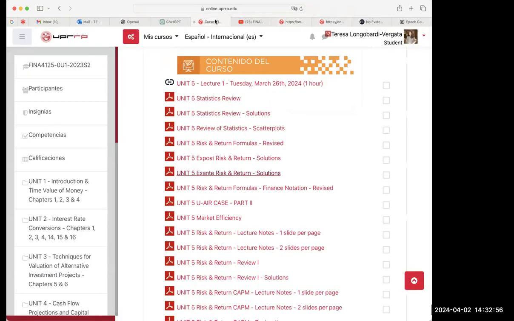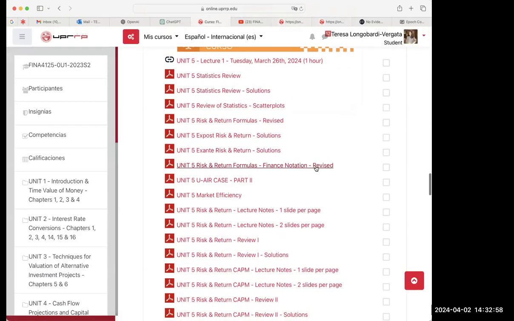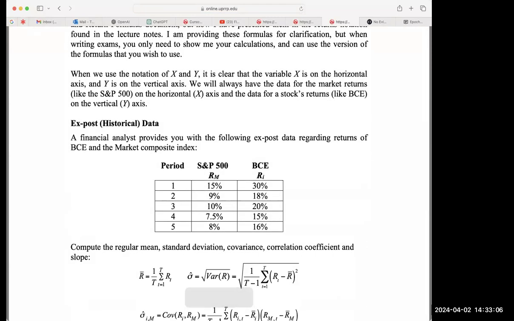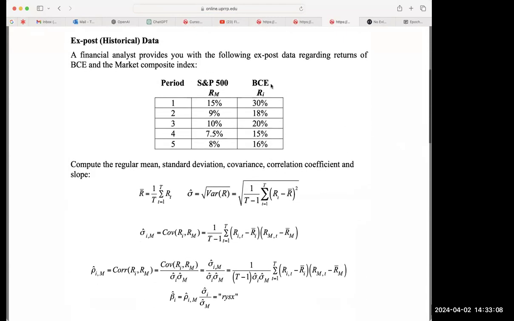I want to show you the document here I mentioned. These are the same formulas, but in finance notation. So how did I do that? What do I mean by finance notation? It's the same data, the same variables, but the notation is going to use R for return and M for market, and R for return and I for the stock.